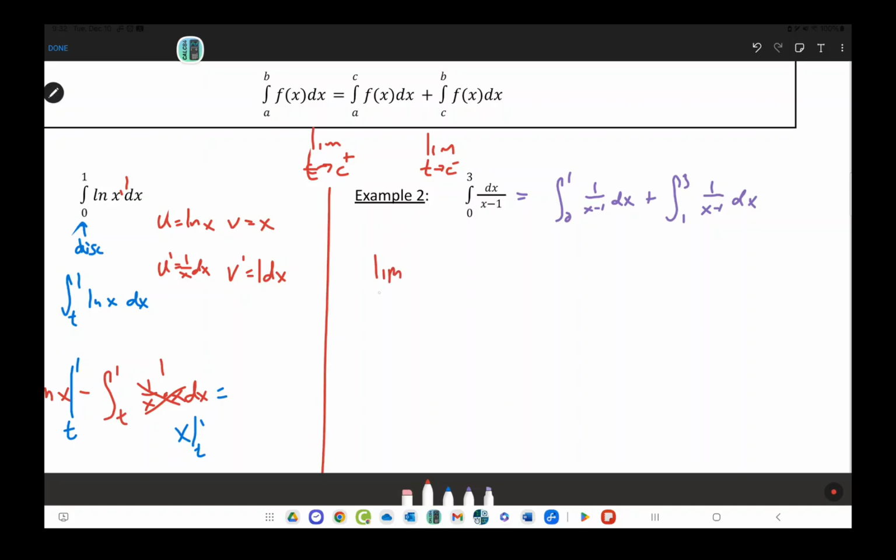As t approaches 1 from the what? Since it's the upper bound here, it's on the left, right? Yeah, I wrote this backwards up here.